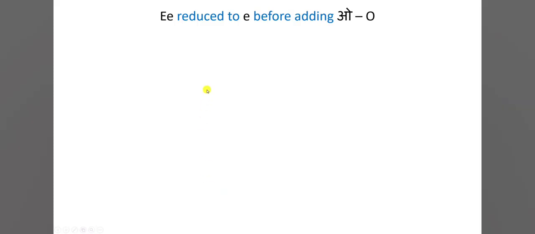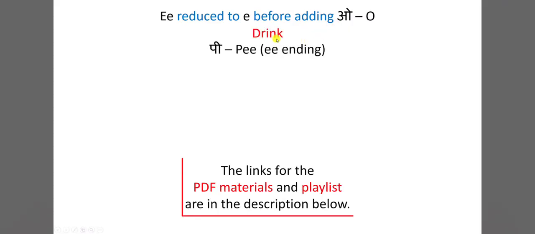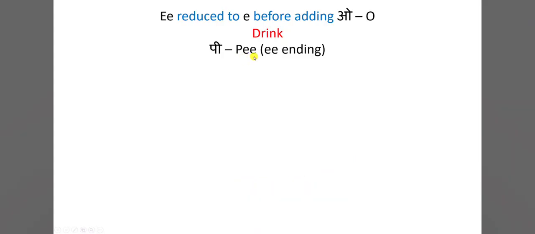Now, we have few rules for some of the verbs, and let us look at those. If a verb ends in a long ee sound, then the long ee is reduced to a short i before adding o. For example, drink is pee. It ends in ee sound, correct?